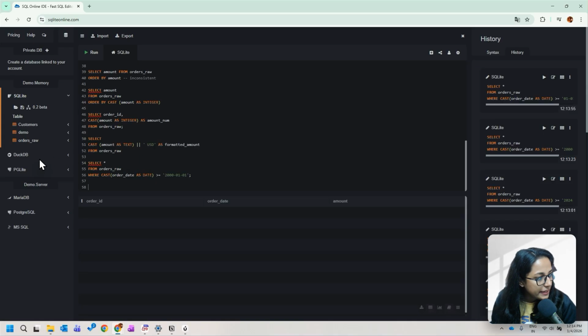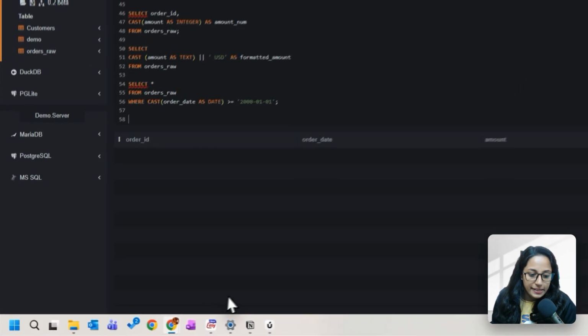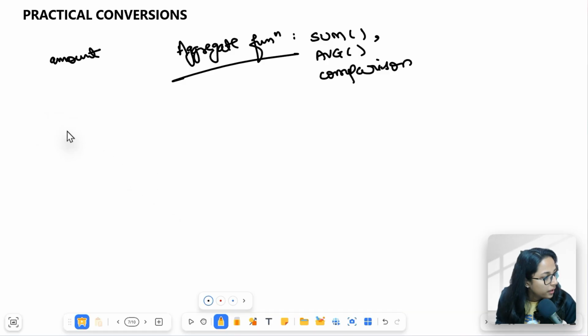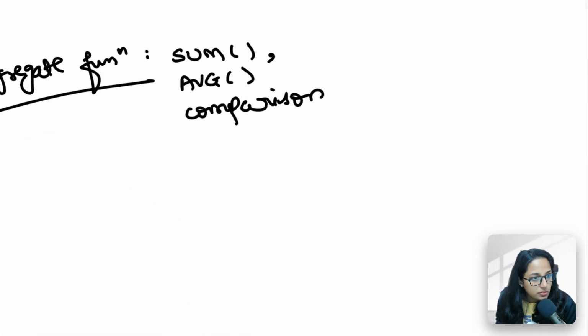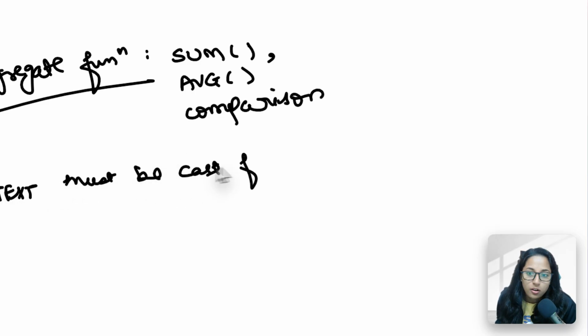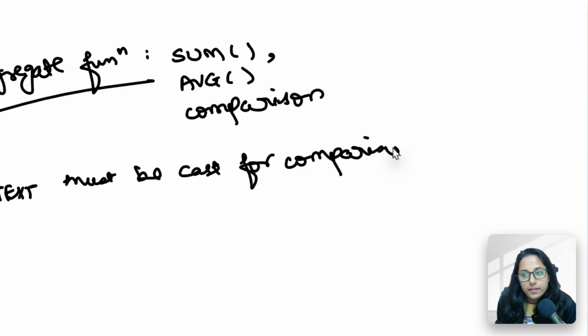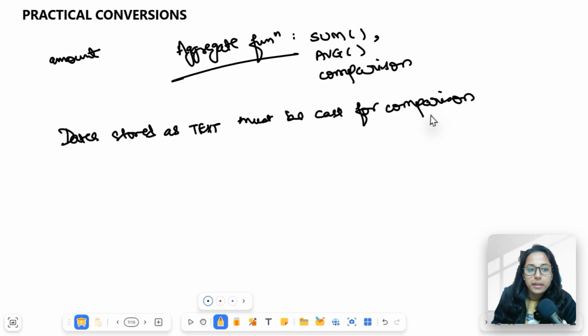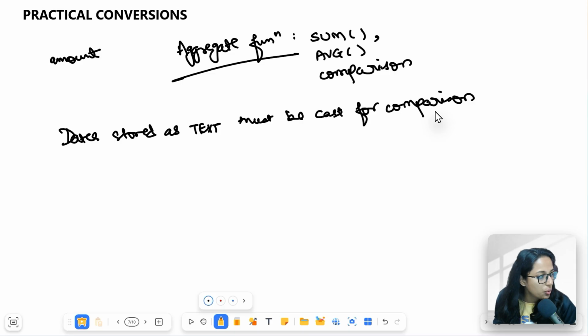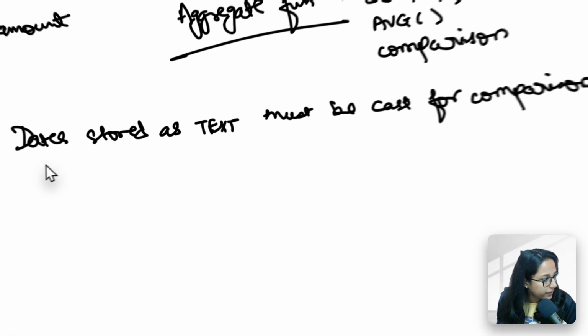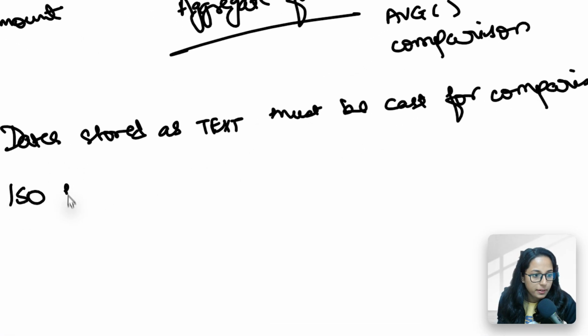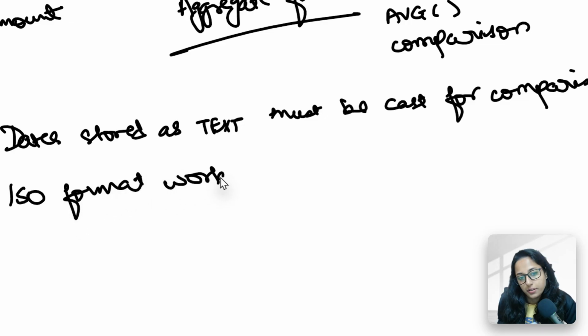Dates are usually stored in text format. So let's write that: date stored as text must be cast for comparisons. Otherwise, the string won't be recognized and it won't be able to count it. ISO format works best here in this case.